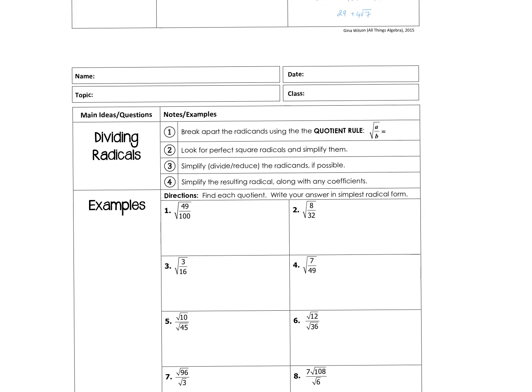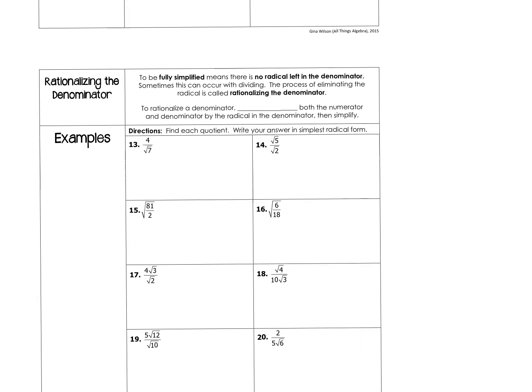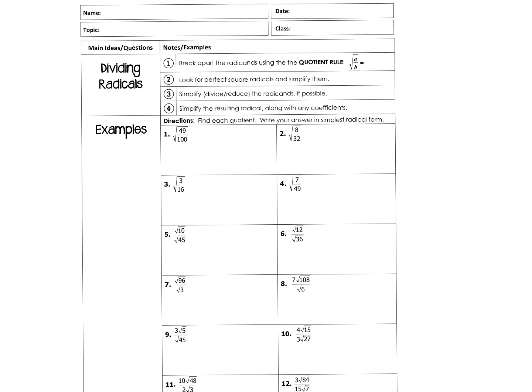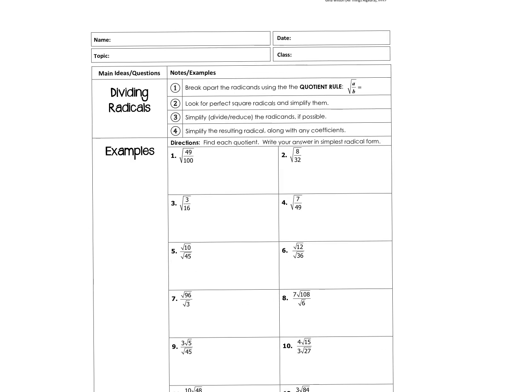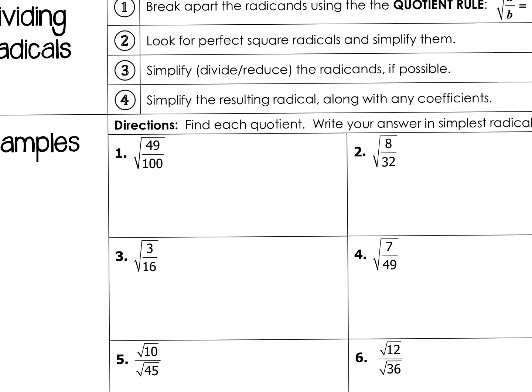All right, so now I'm going to move on and show you how to divide radicals. All right, next will be dividing radicals. So for dividing radicals, basically you just simplify your fraction. So first you're going to look at the number inside the radical.